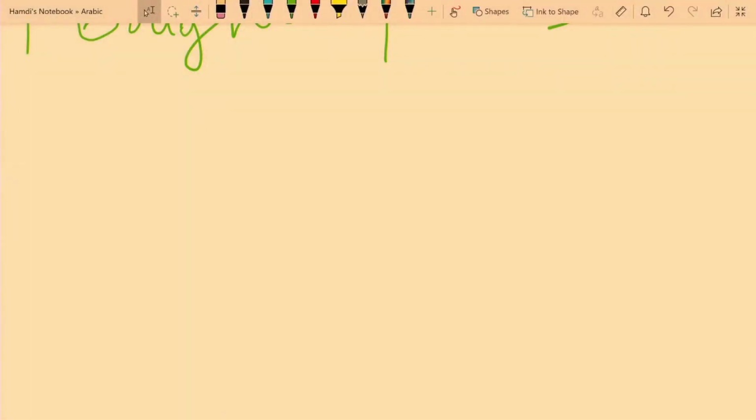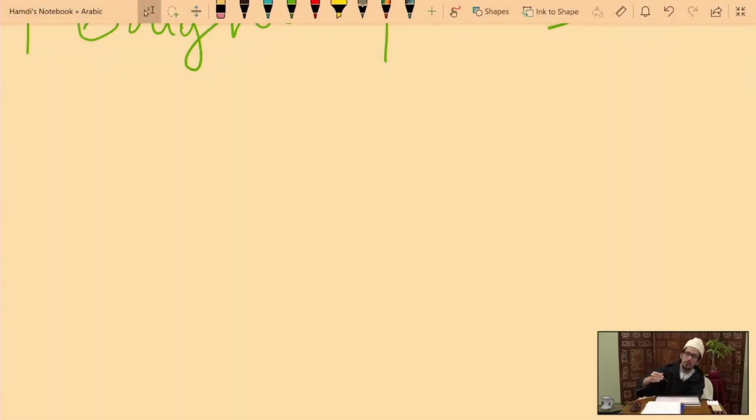Now, to make the noun definite, we have another rule. We have another tool. So, in English, to make the noun definite, we say, for example, again, we use the same word, book.